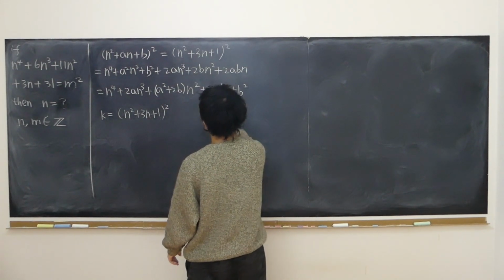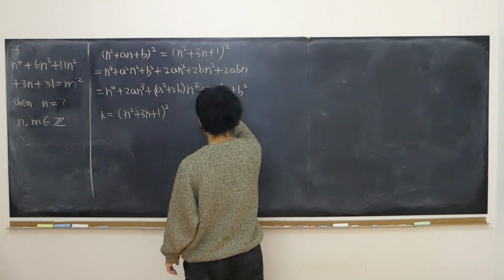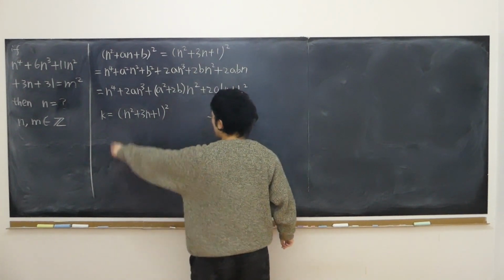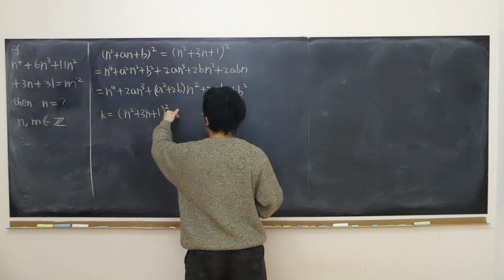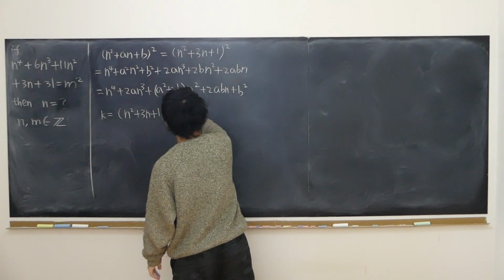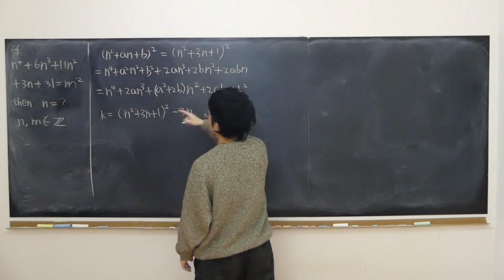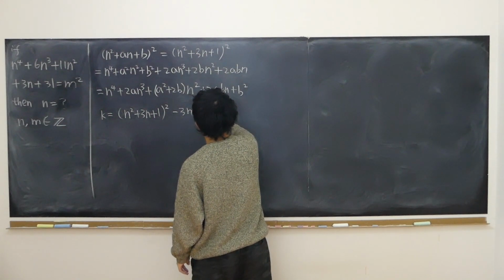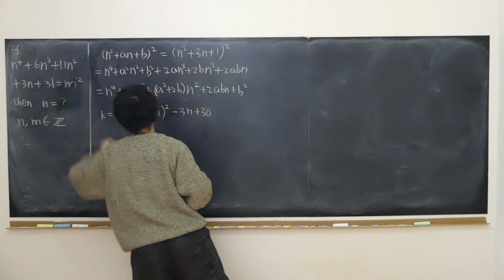Like I said, in the end, I have 6n plus 1, and there I have 3n plus 31. So from here, I should only minus 3n and plus 30. So that means this is exactly the same as my original polynomial.